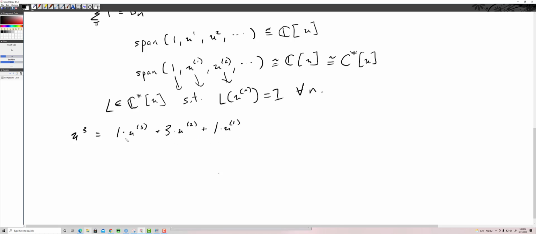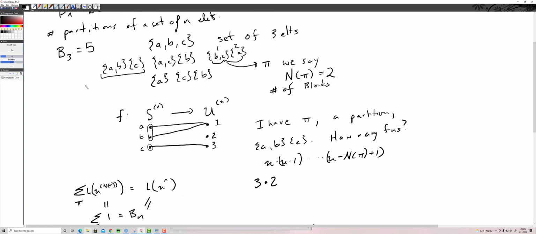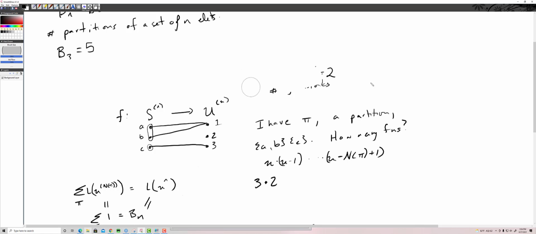It does wind up being this, and if I hit it with L, such that L is defined to take every one of these bases and send them to 1, I get 1 plus 3 plus 1, which is 5. And what did I get for B3? I got 5.